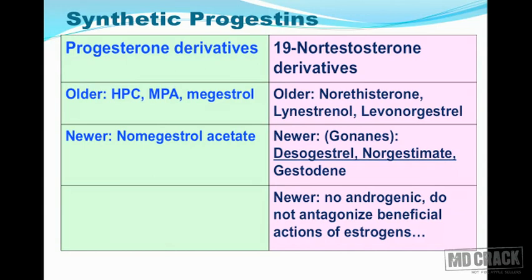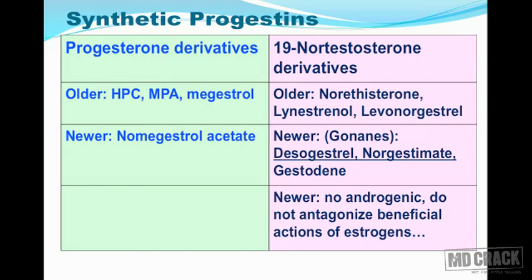Continuing with the differences in the next slide, examples: the older progesterone derivatives are hydroxyprogesterone caproate (HPC), medroxyprogesterone acetate and megestrol. The newer progesterone derivative is normegestrol acetate. Let's come to the other side to know the names well.